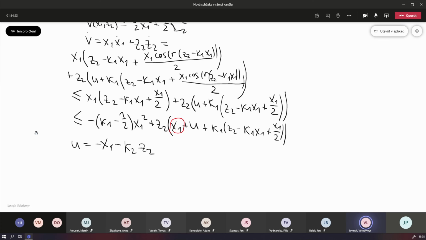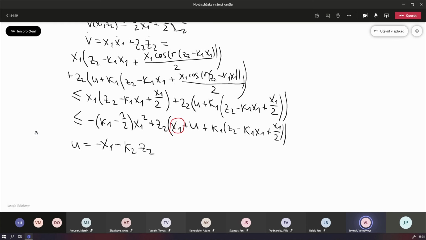Because when we put it, only this term k2 z2 remains.